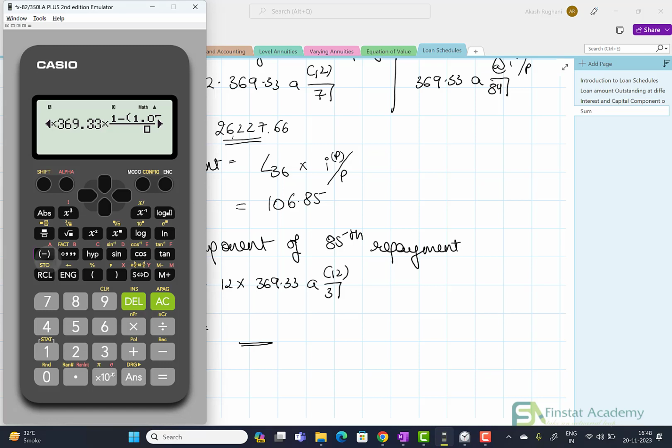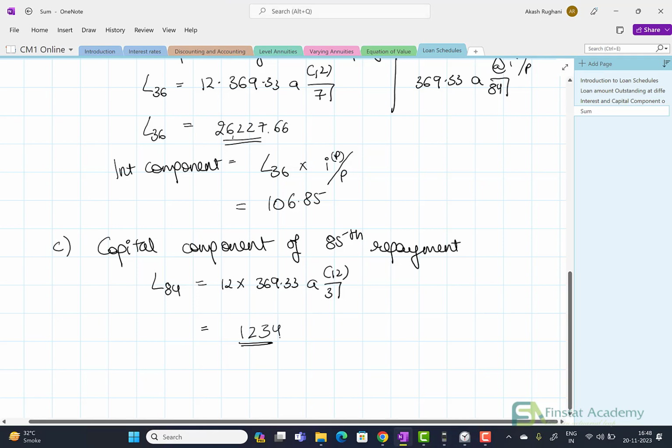So I'll use alpha A. I've stored that value. Yeah, so this becomes my value of the loan at time 84, 12,343.4847.